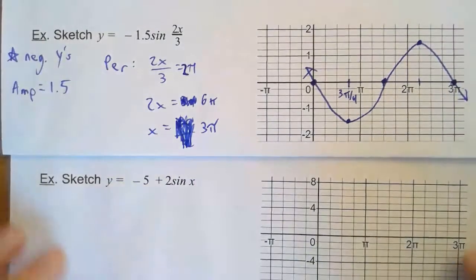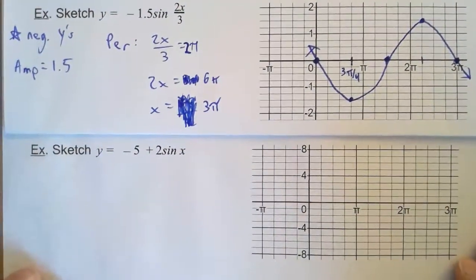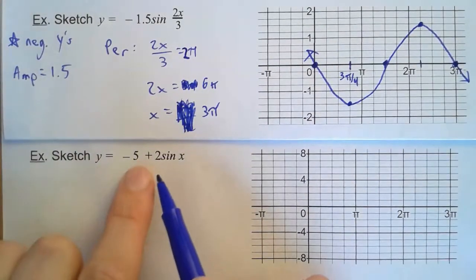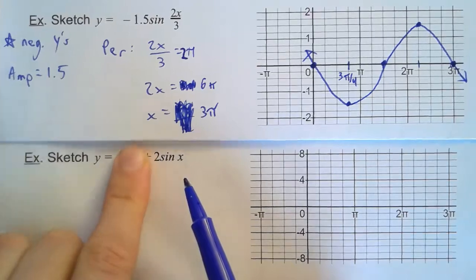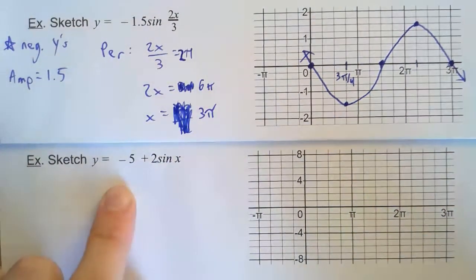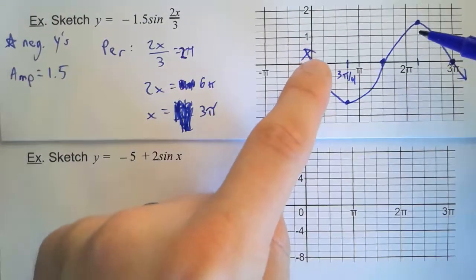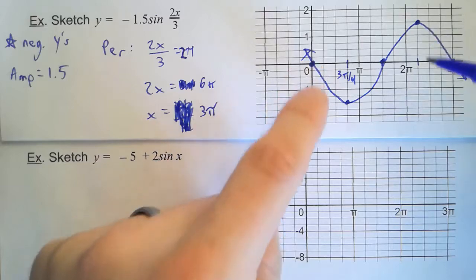Okay. Now we've got one more type of transformation to look at. What if I have a -5 plus this? I take all the y values of this graph and I add -5. If you take all the y values and add -5, making them 5 less, the graph is going to shift down.